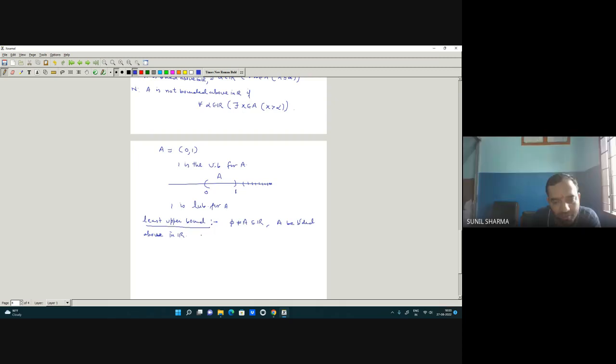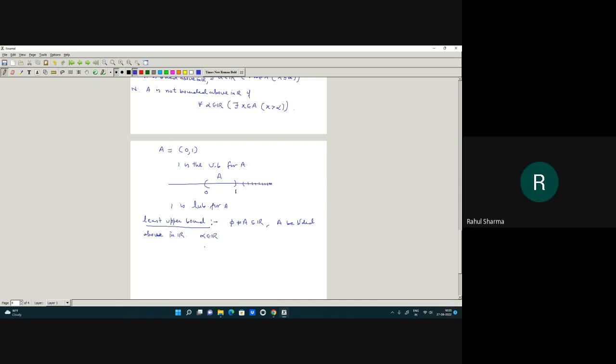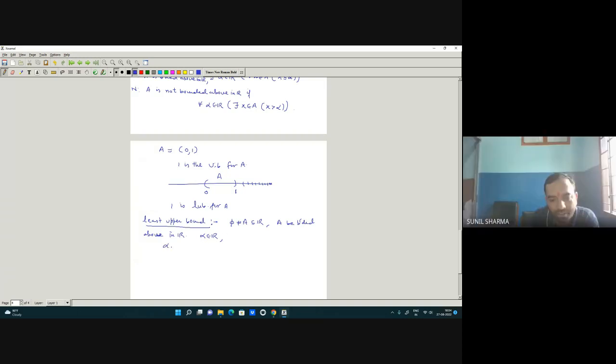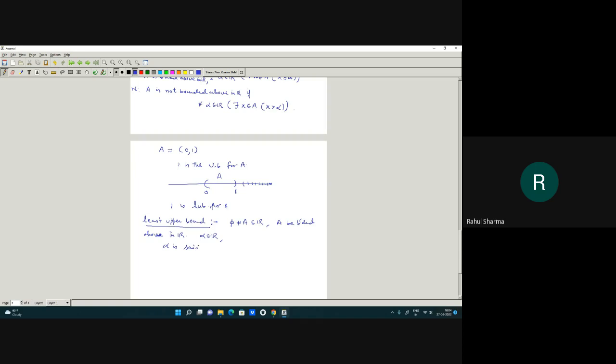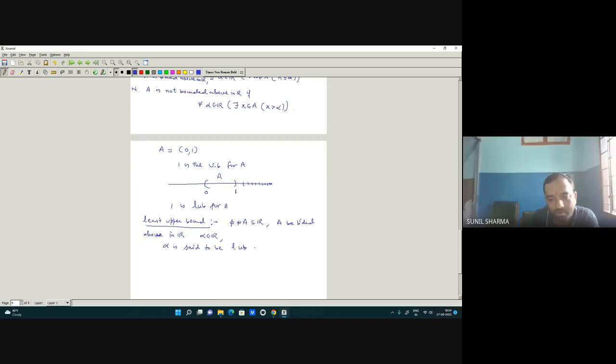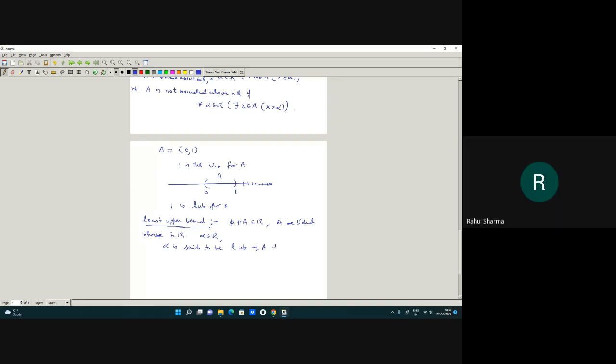A real number alpha in R is said to be the least upper bound of A if it satisfies the conditions.